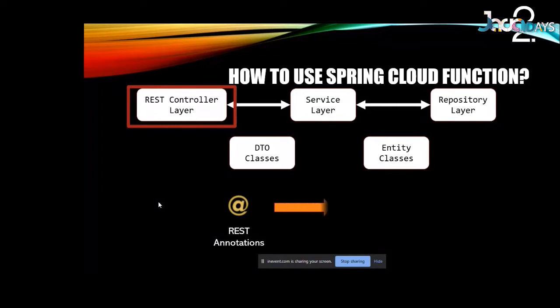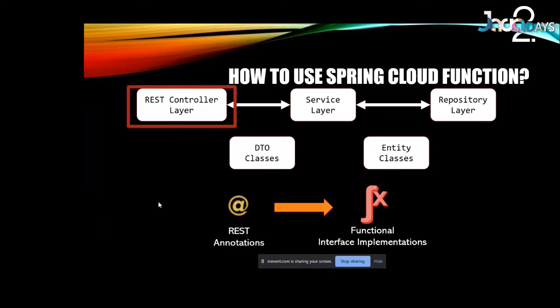So now the trick is that only the controller you need to change. All other things will remain the same. Controller you remove. Instead of it, you need to make a separate class, and there you need to write everything in the functional interface. So that means there are not going to be any REST annotations.